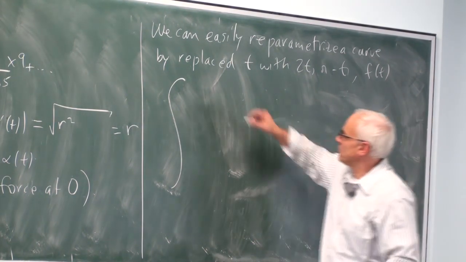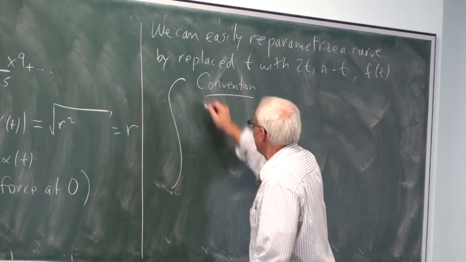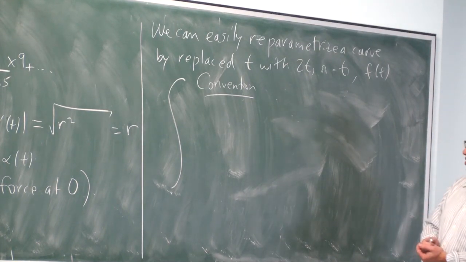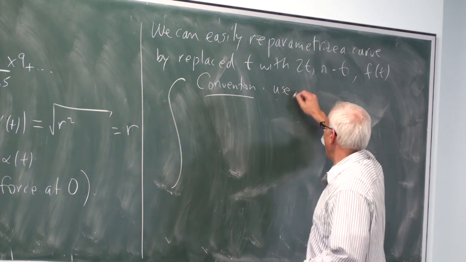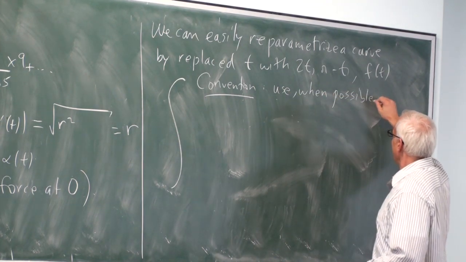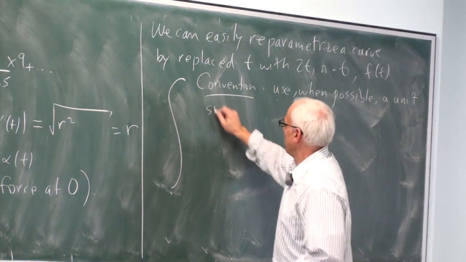So there's a kind of standard convention in the subject, which is to think about the simplest possible parameterization, which is to use, when possible, a unit speed parameterization.